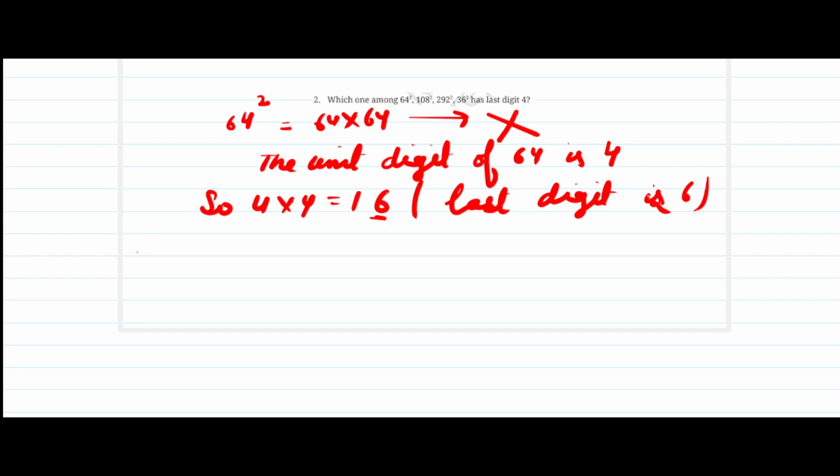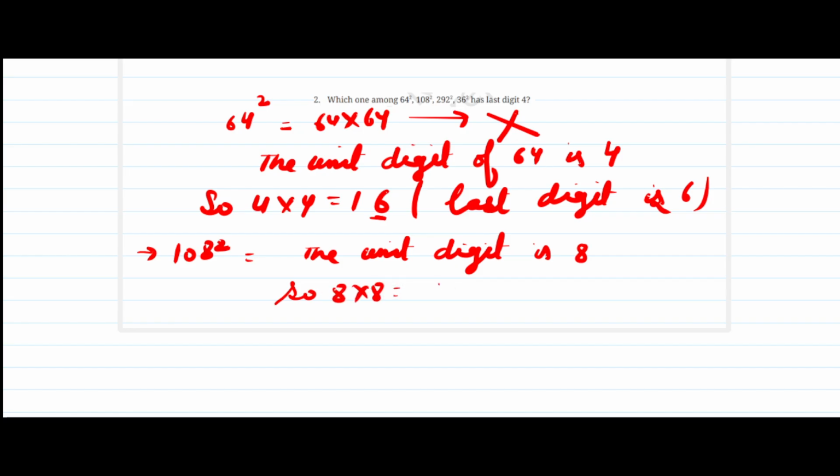Okay. So now let's check for 108 square. The unit digit is 8. So 8 into 8 gives you 64.